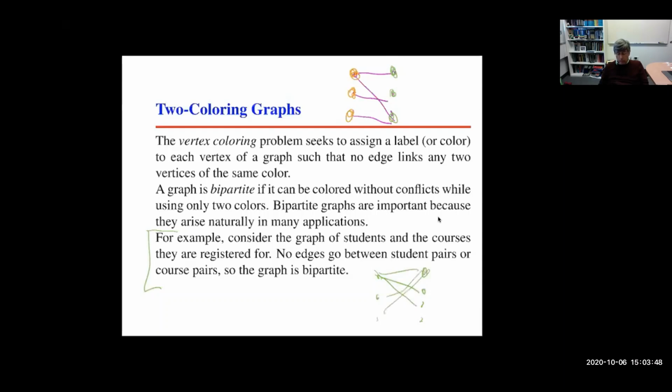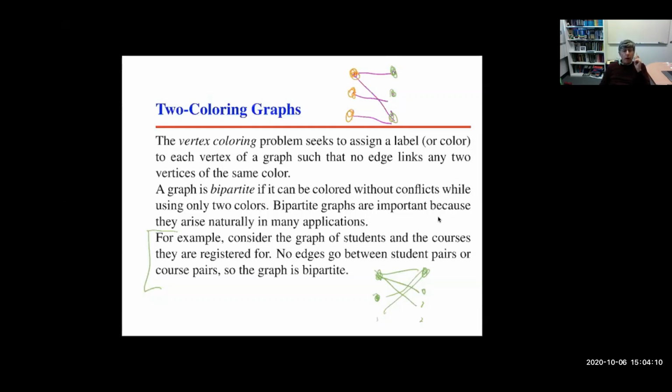There is never a student registered in another student or a course registered in another course. So this is a bipartite graph. Bipartite graphs are very simple, and there are certain algorithms that work very nicely on them. Knowing whether your graph is bipartite is an important thing.